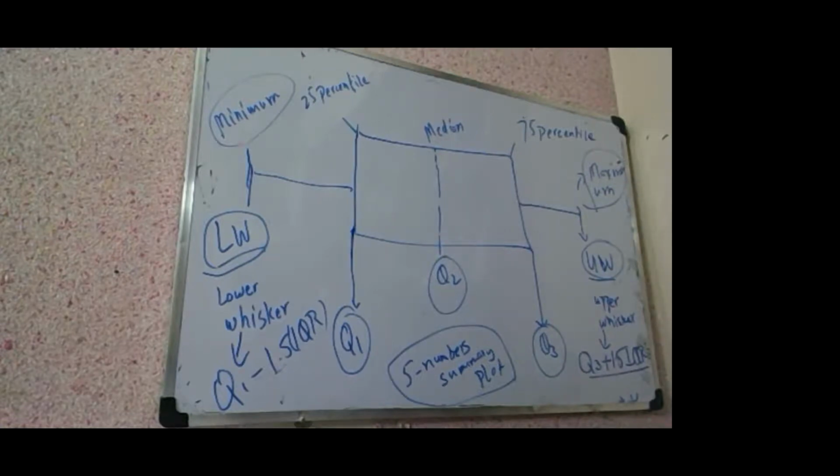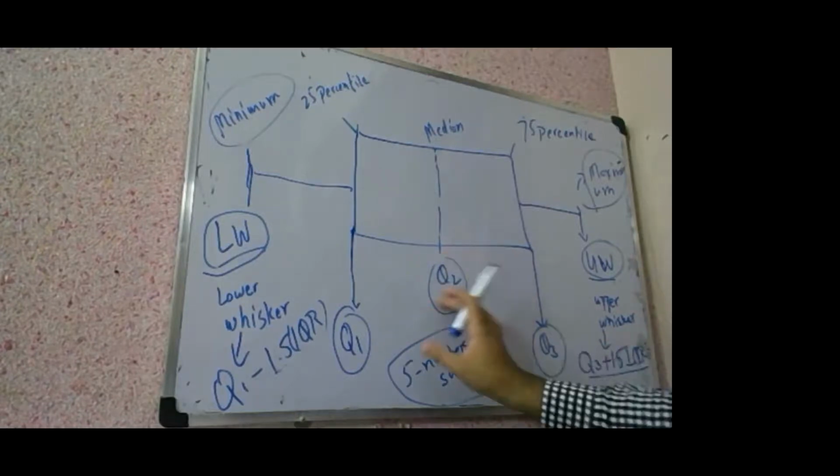So we can draw now what information this box tells us. This box can tell us the information about the distribution, but it is a bit different than the histogram. You can tell the data is symmetric depending on the position of Q2.